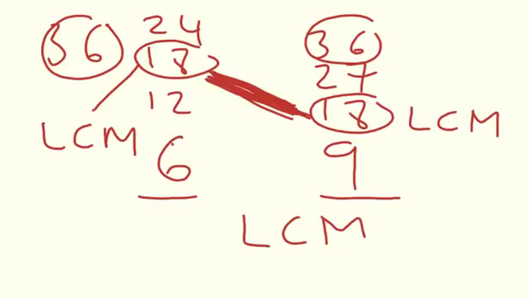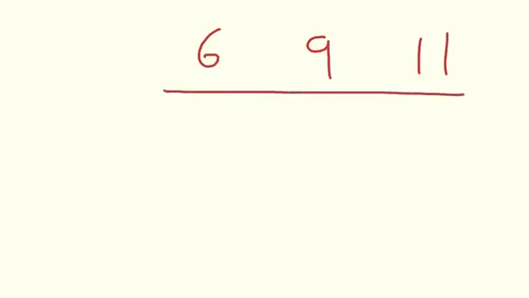But there is a quick method of doing this. Apart from doing it this way, this is very simplistic way of doing it. But when you get complicated numbers, or you have 3 numbers, then there is a different technique. So that's what I wish to go through. So for example, if you get an exam question which says 6, 9, and let's say 11, and you're asked to find the lowest common multiple of 6, 9 and 11.